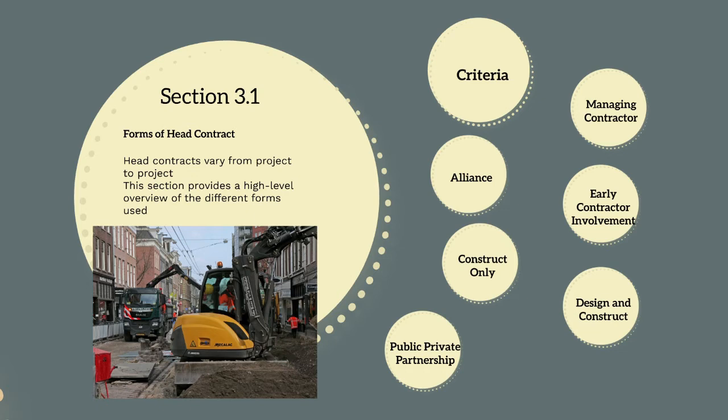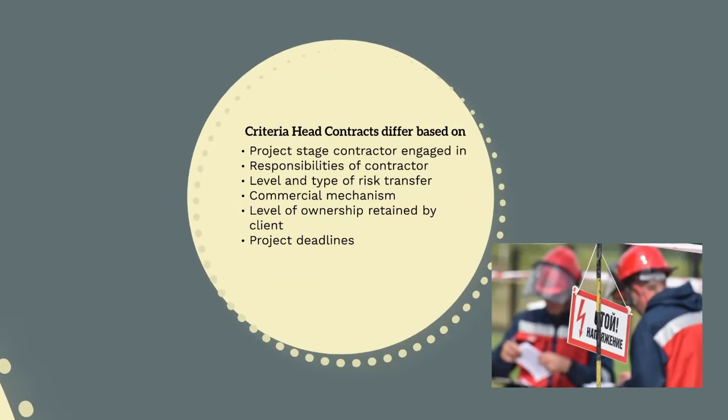So what are the criteria around which different forms of head contract vary? Well, some of the key ones that will change with each form of head contract are the project stage during which the client will engage the contractor. So whether the client engages the contractor to get their involvement to manage the design, or when the design is fully complete. The specific responsibilities of the contractor, the level of risk transfer, and the type of risk transfer.